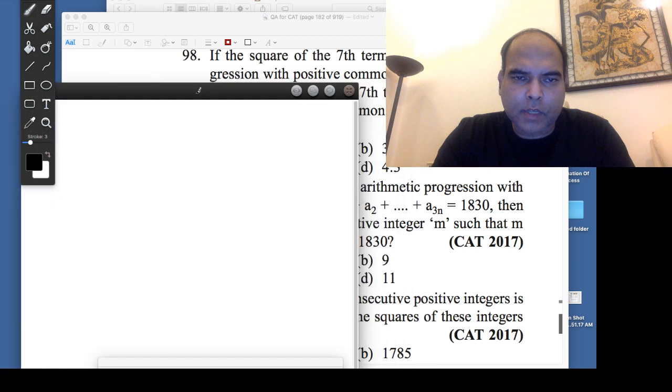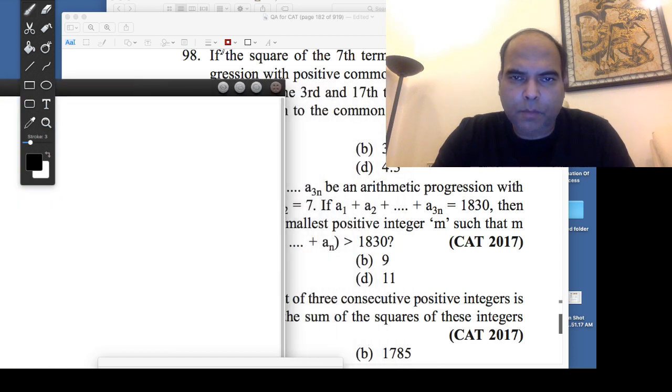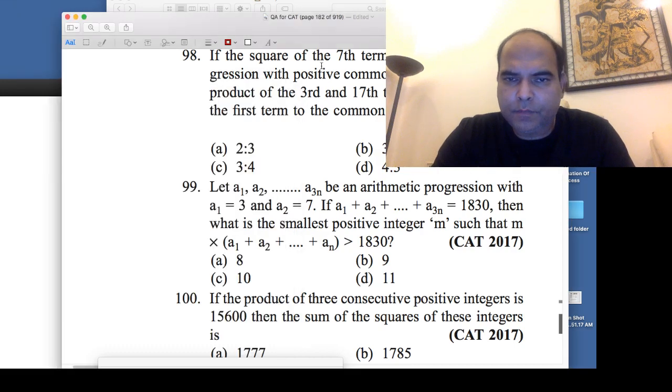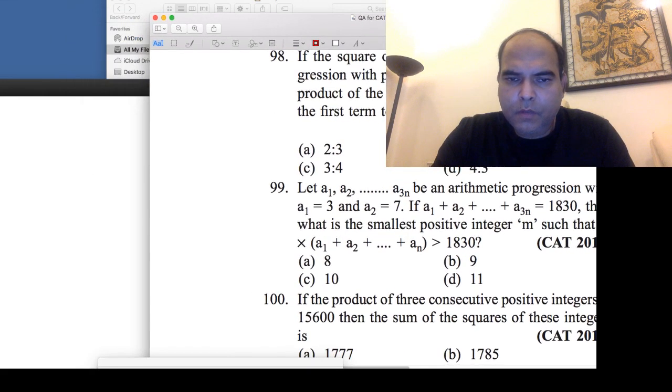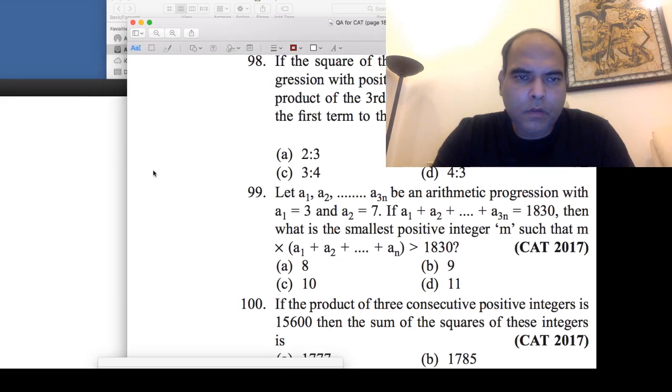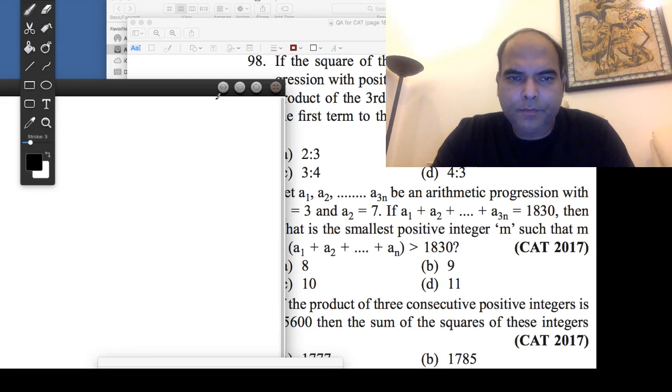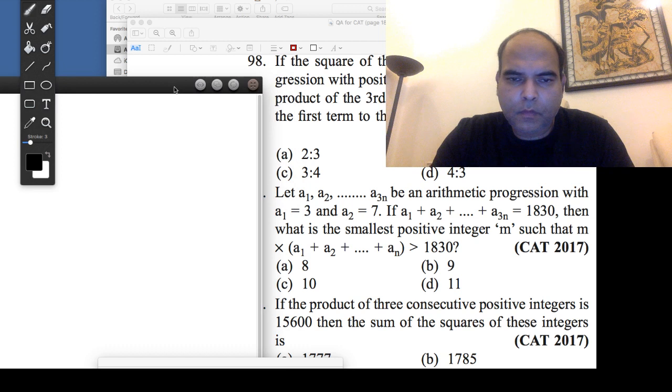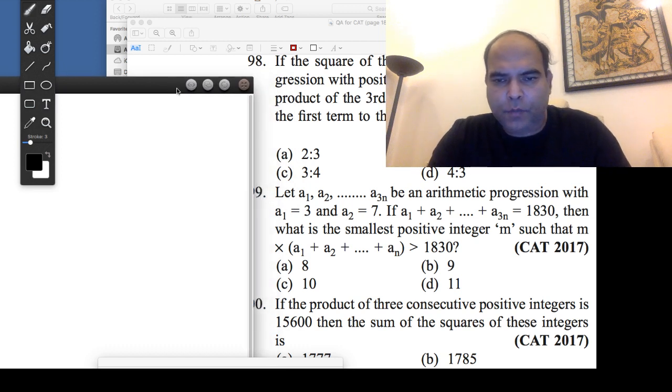Let me just organize the desktop so that you can see both the question as well as the whiteboard together. So question number 99 is the first one, and it's a question on number systems.